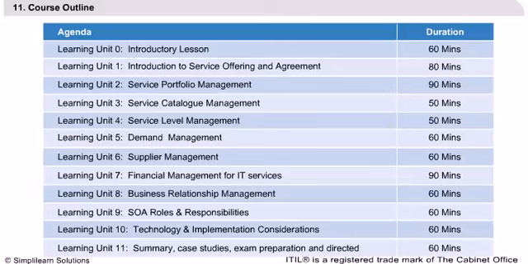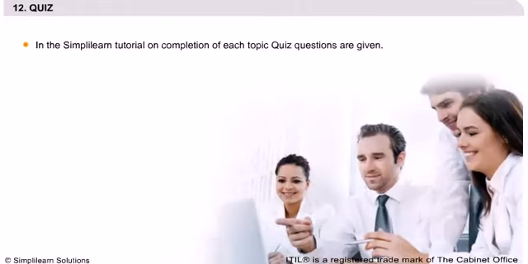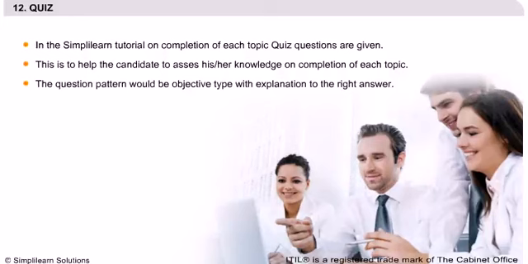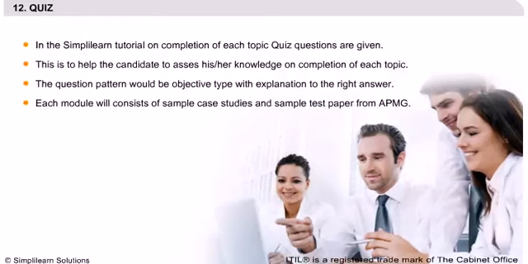Let us now understand about the quiz questions given by Simplilearn in this tutorial. In this tutorial, at the end of each learning unit, quiz questions are provided by Simplilearn. This is to help you assess your knowledge on completion of each learning unit. The question pattern would be objective type with explanation to the right answer, and each module will consist of sample case studies and sample test papers from APMG.